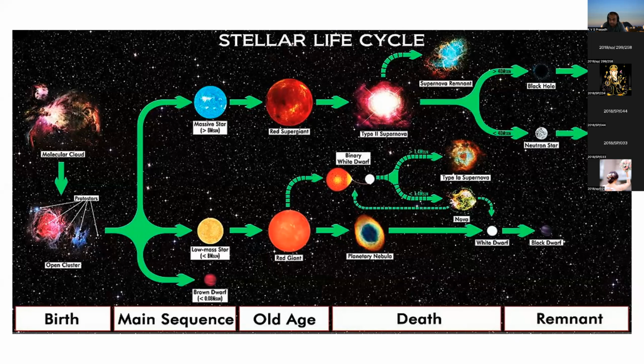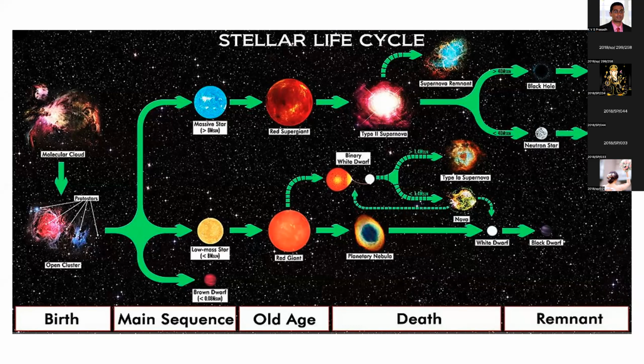Now, when you consider the formation of stars, it is these molecular clouds that we talked about yesterday that are the place that will help for the birth of a star, right? And from this molecular cloud, under some specific conditions, you will have these protostars created, right?